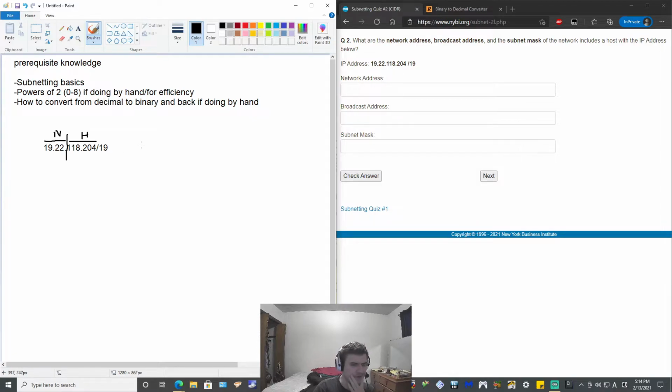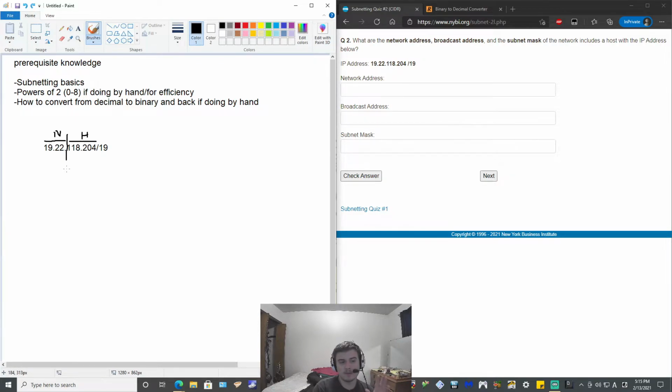So now that I saw that, the next thing I'm going to do is write out the subnet mask for the octet that we're going to be changing. The octet that we're going to be changing is the first one on the host side, which is 118. So this is the first octet that we're going to be changing.